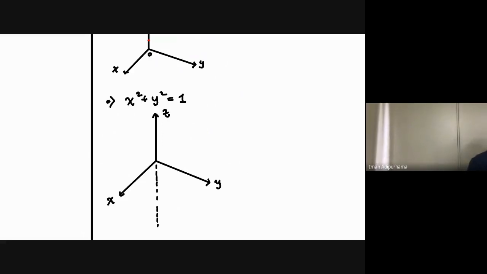So let's start by making this circle, x squared plus y squared equal 1. But because we have not yet determined how we restrict the z, the z will be unlimited. Okay, so it will be going from here to here to here.